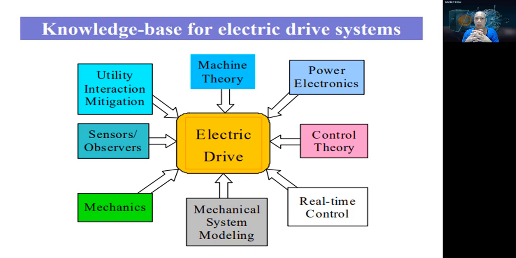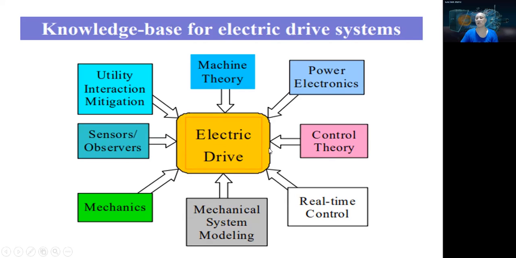But when we put it into application and implementation, it should be applied together with other aspects such as sensors, observers, something that monitors the movement and the mechanics to make it run smoothly, mechanical system modeling, real-time control, and control theory.